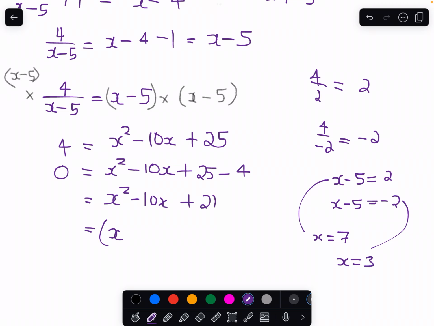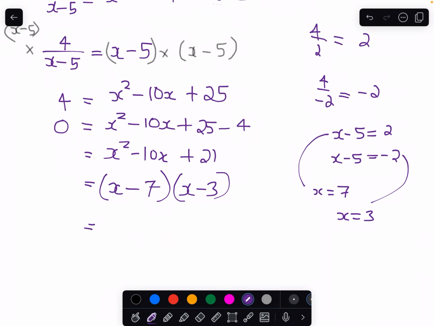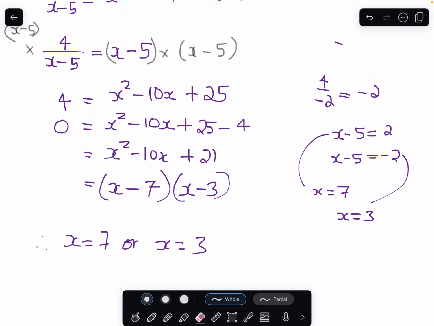And I suspect I might have said that x is equal to 2 or x is equal to minus 2, which is wrong. Right, anyway, so back to this train of thought. x minus 7 times x minus 3, and there we have it, so either x is then 7 or x is 3, as our trial and error demonstrated to an extent.